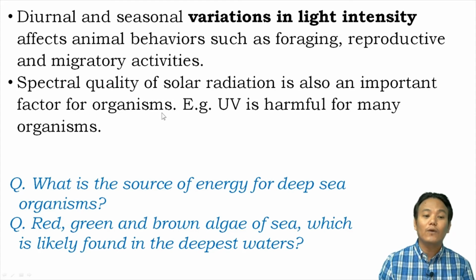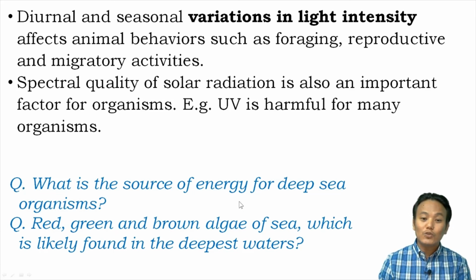Okay. Now there are two questions given in your textbook. You have to find answers for that. It is very important. What is the source of energy for deep sea organisms? Those organisms which live in deep seas where the sunlight cannot reach, what is the source of energy? On the land, the entire ecosystem is driven by the energy received from the sunlight.